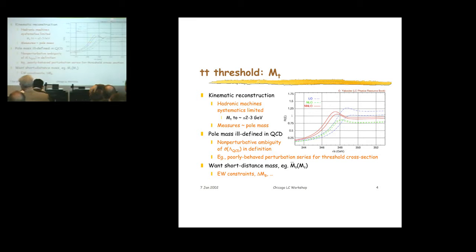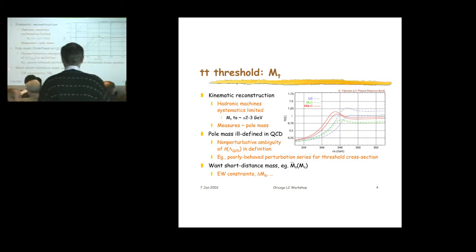You can see as you go from leading order to next-to-leading order, blue to green, and then up to next-to-next-to-leading order in the calculations, this ambiguity gives you a big shift, particularly from next-to-leading order to next-to-next-to-leading order, and you really don't have what looks like a very well converging series.